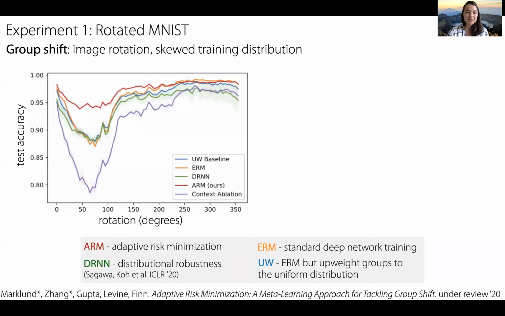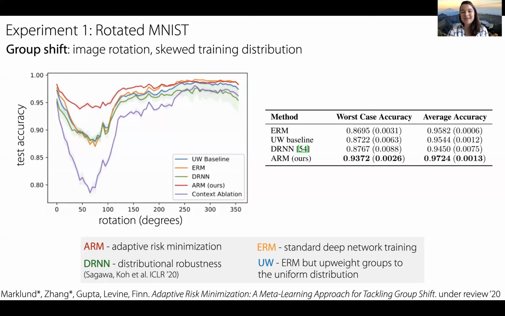Now, if we plot the accuracy as a function of the rotation, we find that ERM, distributionally robust neural networks, as well as an upweighting baseline, do significantly worse on the underrepresented rotations that are around 50 degrees, while adaptive risk minimization is able to leverage the unlabeled data that it gets at test time in order to adapt to the rotation and get a significantly higher accuracy.